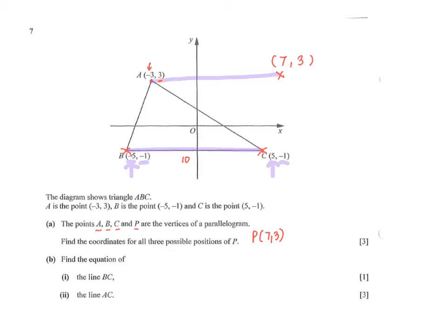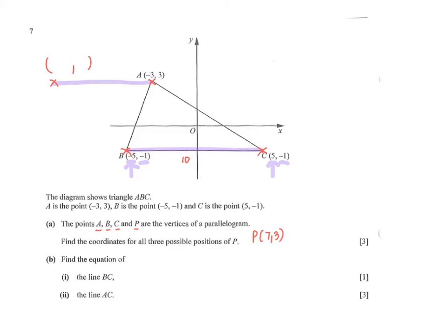Alternatively, I can also shift to the left hand side. So let's say I erase this away, and now I'm going to shift to the left hand side by 10 units. That means my point here will still be on the same straight line.